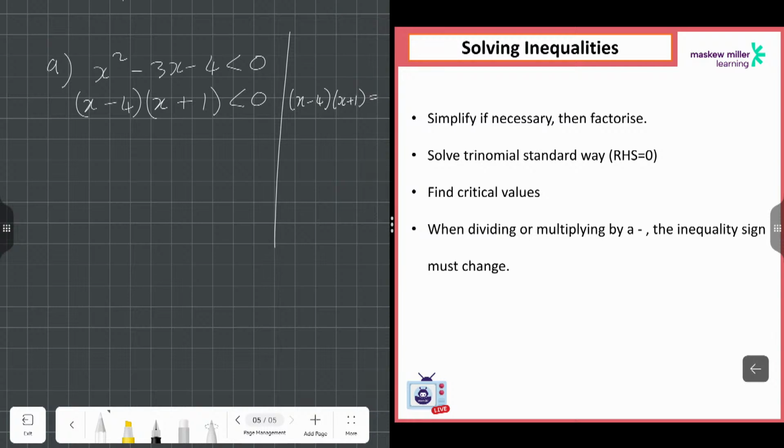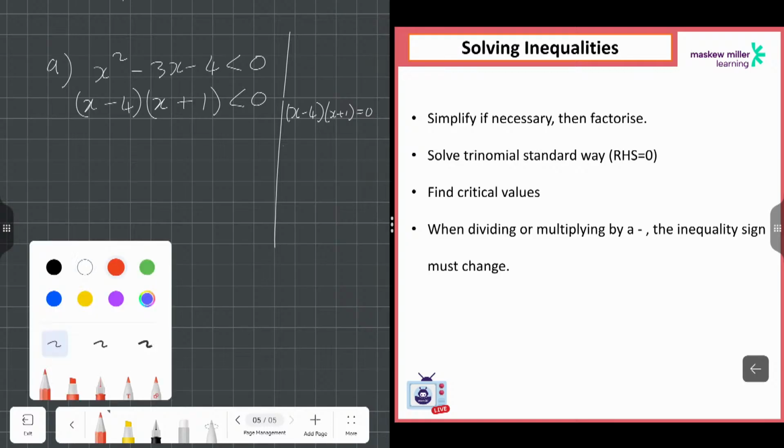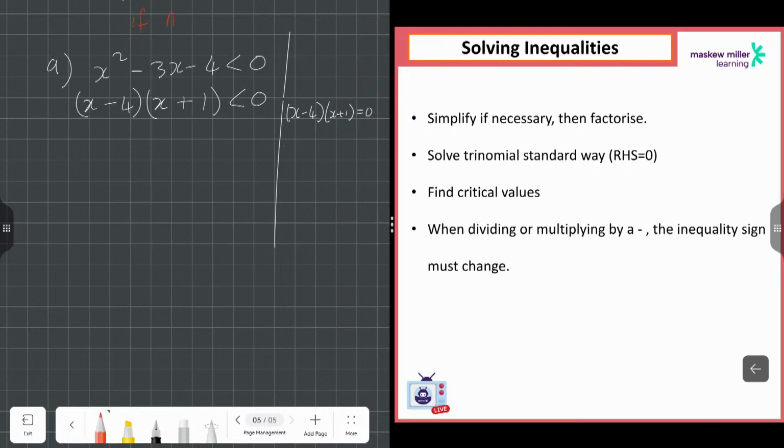Okay, there's not space for my 0, right? Let me just redo it here. So I'm going to go x minus 4 and x plus 1 equal to 0, right? We know there's a law in mathematics that tells us if A times B is equal to 0, then A will be equal to 0, or B will be equal to 0, all right?